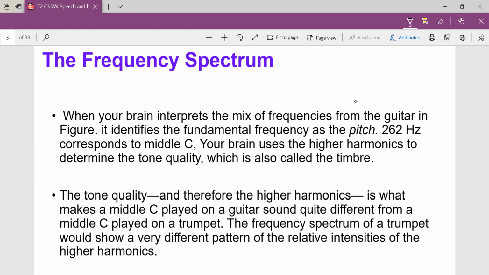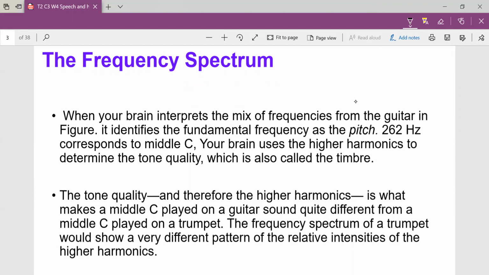on the note, we have established that it's the higher harmonics that bring about the difference that you hear. But what actually happens to us as humans when we hear the different sound is that our brain has a way of interpreting the mixed frequency from the guitar, as we have seen in the figure above. When a sound is produced on a guitar, it comes with mixed frequency, but one distinctly stands out, which is the sound that comes to you.